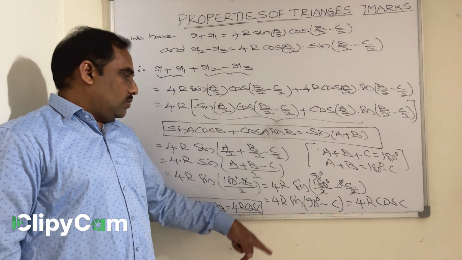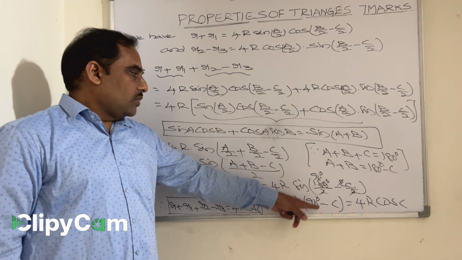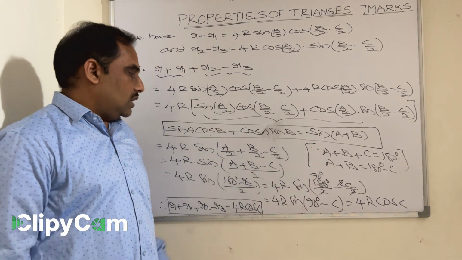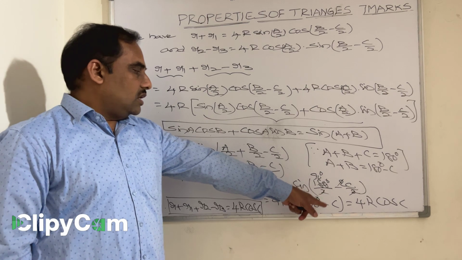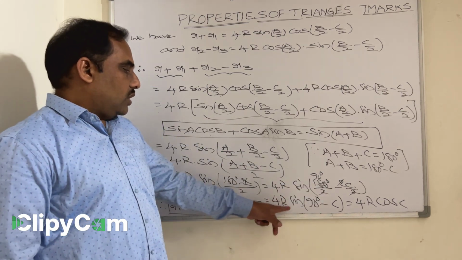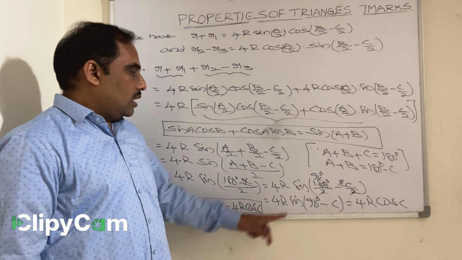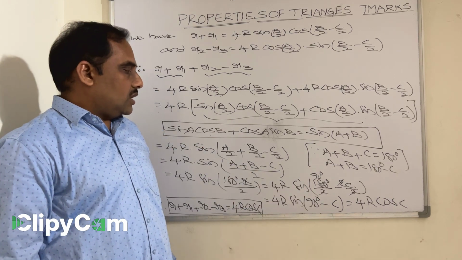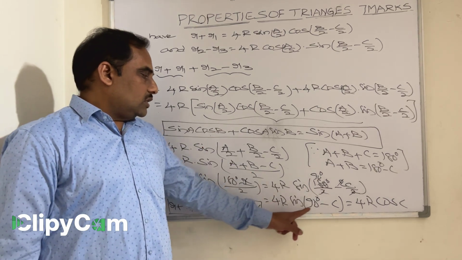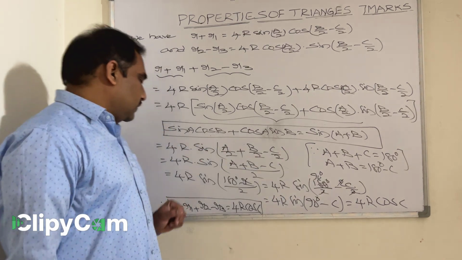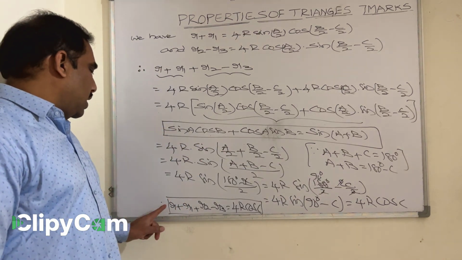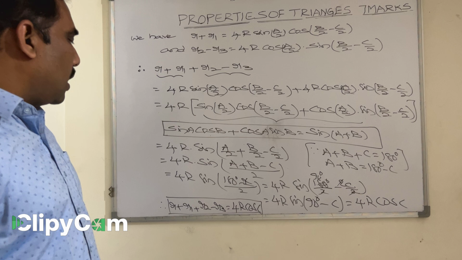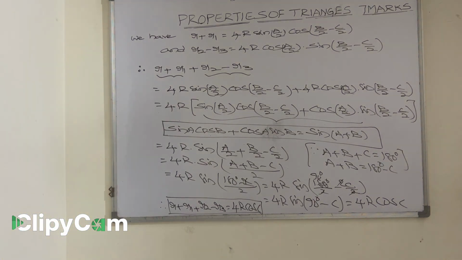So 180 by 2 is nothing but 90 and 2C by 2 is nothing but C. So 4R sin 90 minus C is like 4R sin 90 minus theta. Sin 90 minus theta is cos theta, we know that. So that's why 4R cos C. So like this we can prove that R plus R1 plus R2 minus R3 is equal to 4R cos C.